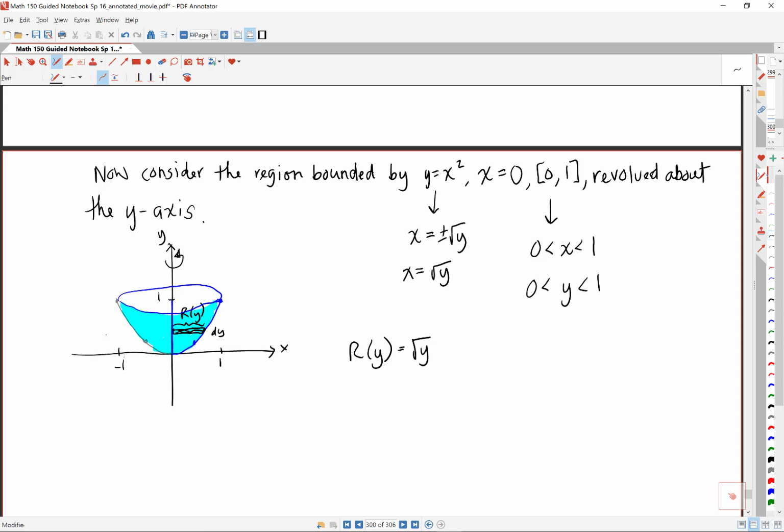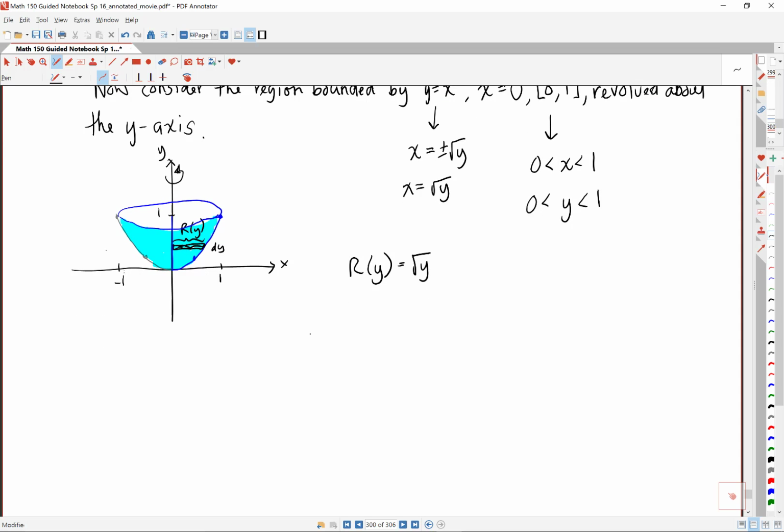So what will happen is our volume will be equal to pi. Now we've got to be careful of our limits of integration. We have a function of y, so our limits need to be in terms of y. In this case they don't change, but y is going from 0 up to 1.